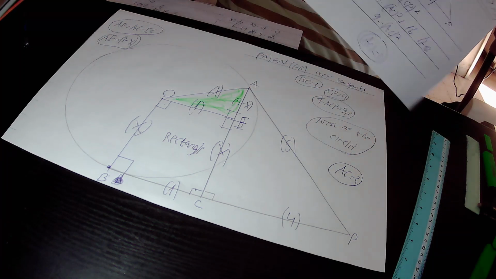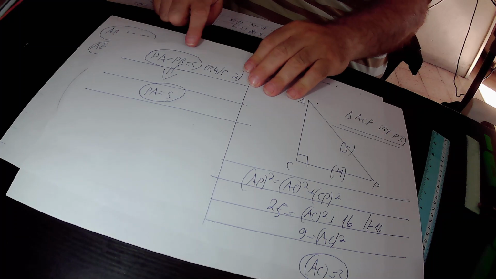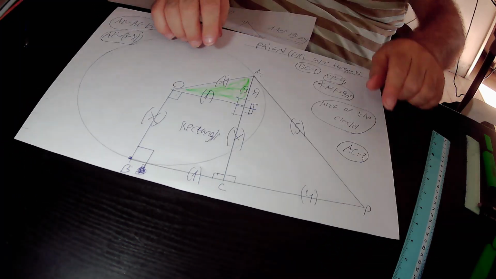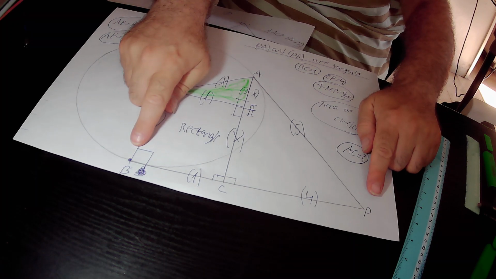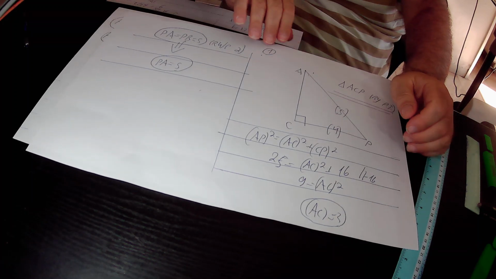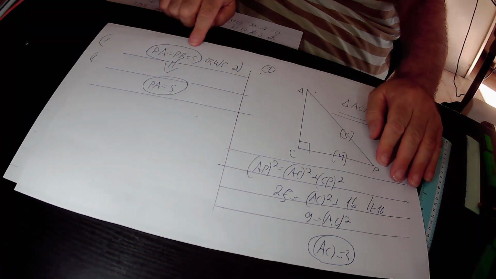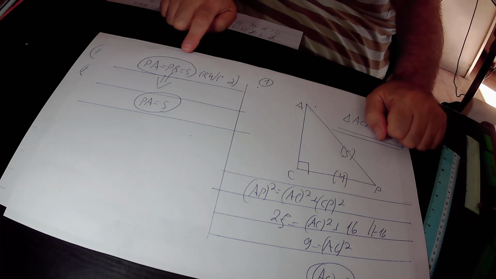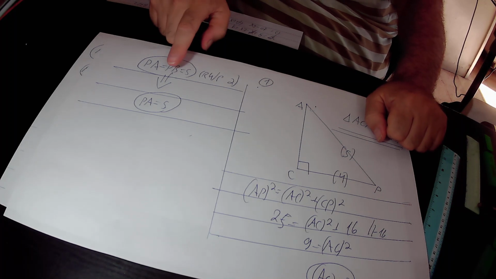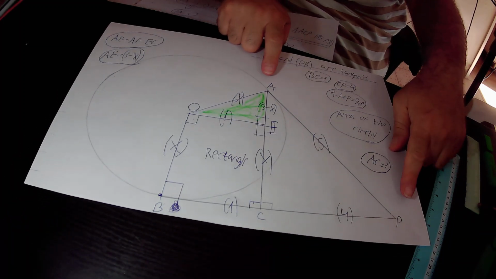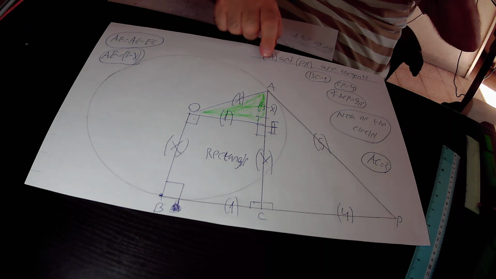But it is given in the question that PB equals 4 plus 1, that is 5. So PB equals 5. From PA equals PB equals 5, we derive that PA is also equal to 5 units in its length.